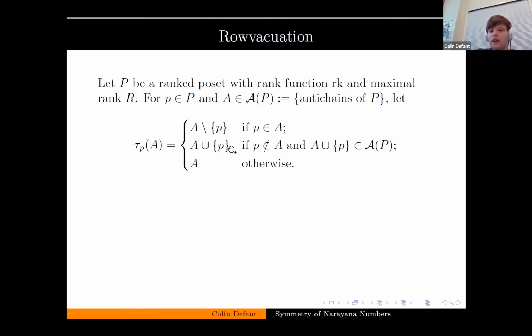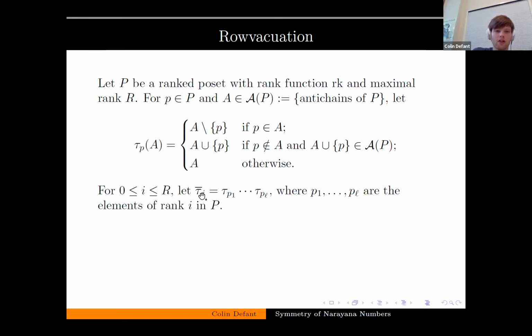On the other hand, if p is not in the anti-chain, we try to add it in. The only problem with that is that p might be comparable to something that's already in the anti-chain, in which case we cannot add it in because doing so would result in something that's no longer an anti-chain. So if that's the case, we just don't do anything. We just leave A alone and don't change it. I'm going to give some examples of this on the next slide. So if it's not clear already, I think this will be clear when I do the examples.